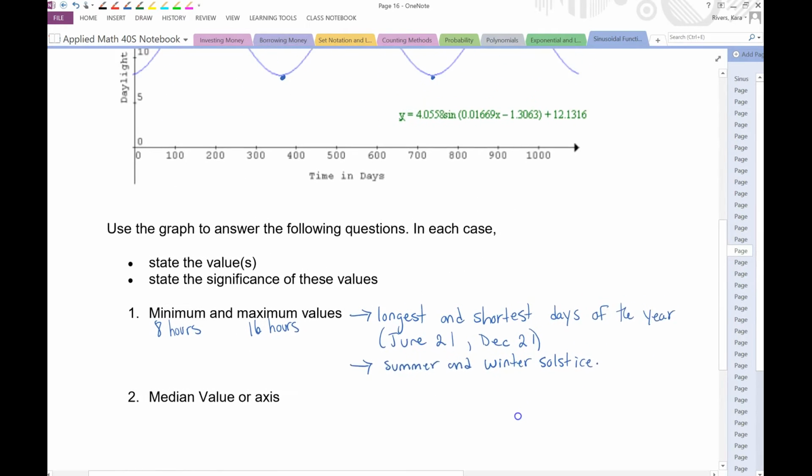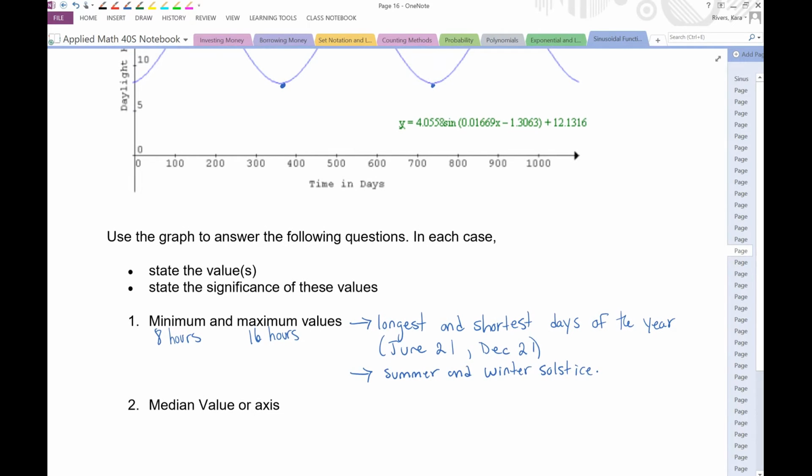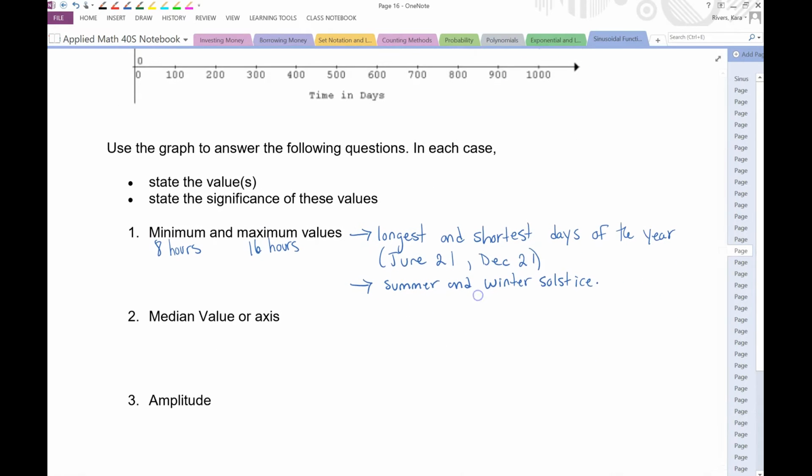Now the median value, or the axis, that's not shown on my graph, but if I know the maximum and I know the minimum, then I should be able to solve for that median value, okay? So how do we solve for the midpoint? Well, we take those 2 values and add them together.